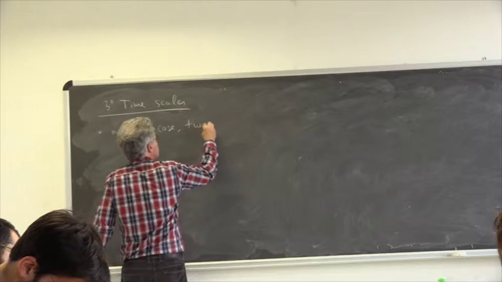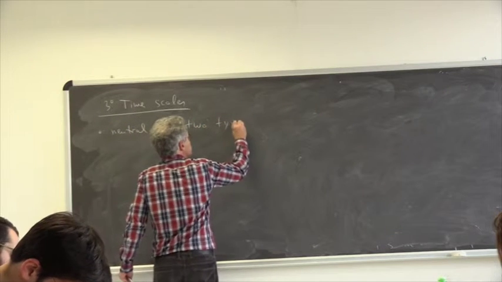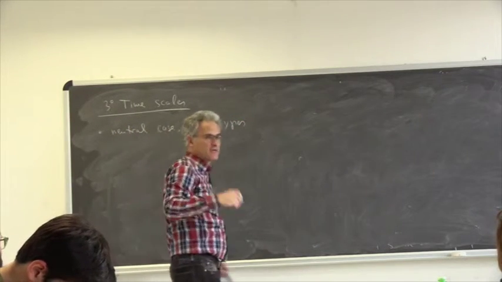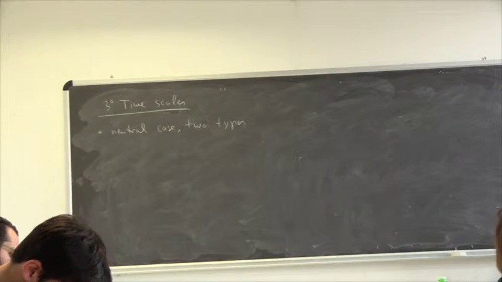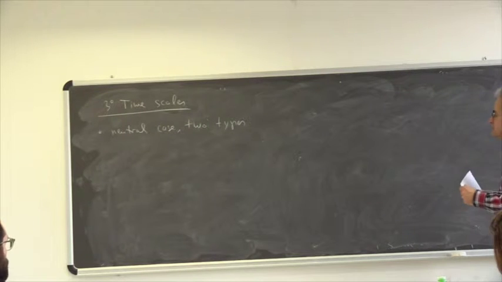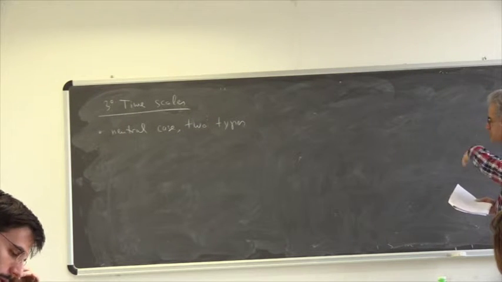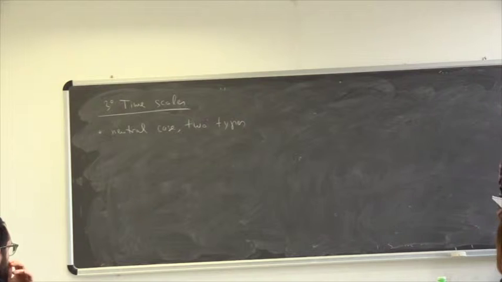And two types. So we just have types A and B, and rather than asking for the fixation probability, let's ask for the time dependence of a certain quantity, namely the so-called heterozygosity.